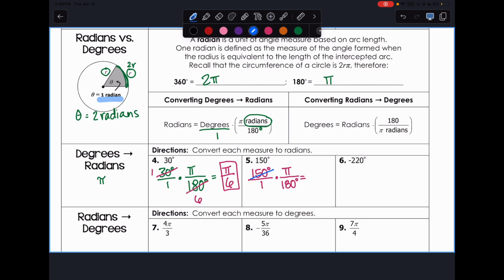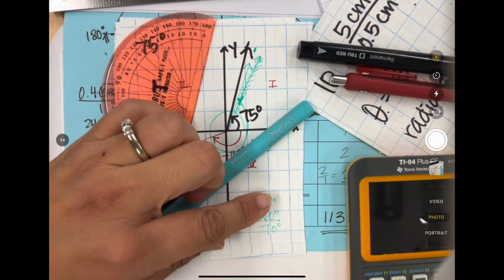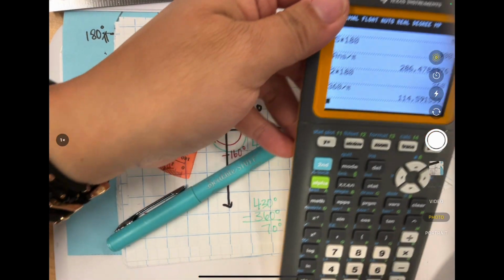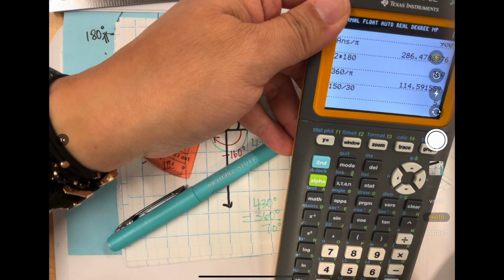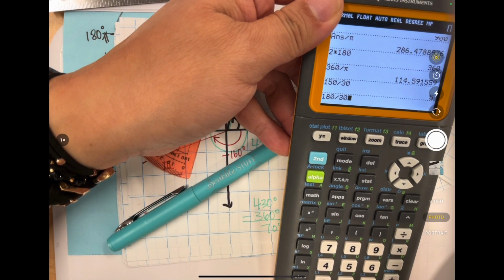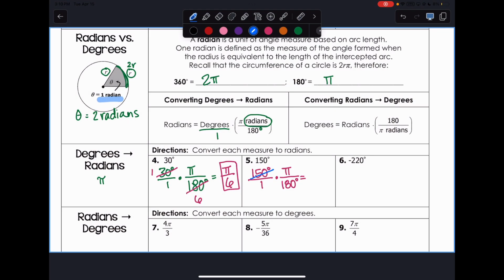So if 30 goes into 150, how many times? That's the part you want to use your calculator for if you cannot figure it out in your head, okay? So I would just put it in my calculator. 150 divided by 30 and you get 5. 180 divided by 30 and you get 6. So those are my two numbers that I need.